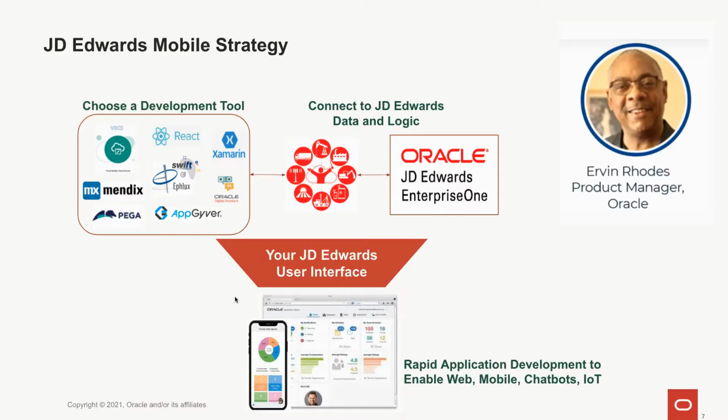And as a result of that, by keeping everything in the four walls, like I said, it's an Android shop and they're using Android devices, they are completing now about 300,000 plus transactions per month using this model that you have before you, which is their choice of a development tool, using the orchestrator to connect to JD Edwards and get that data that they need. And they've got their UI, and they're successful in creating over 300,000 transactions per month.